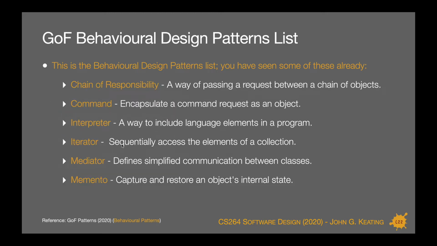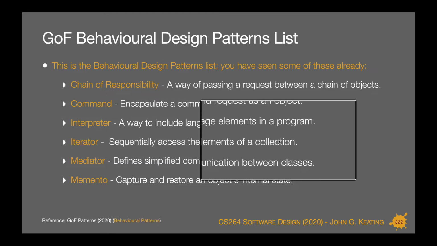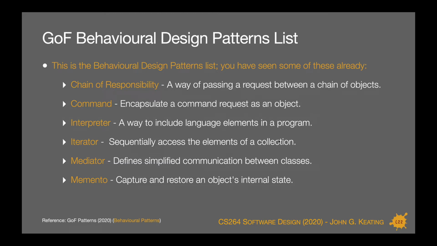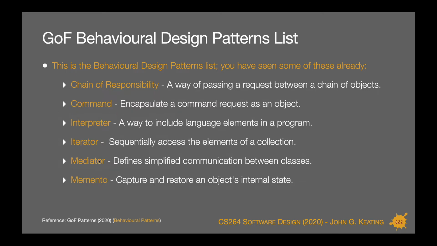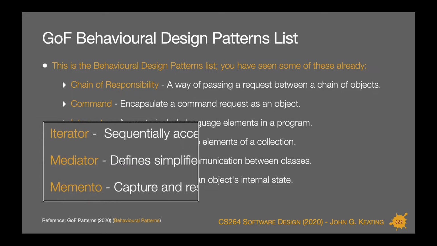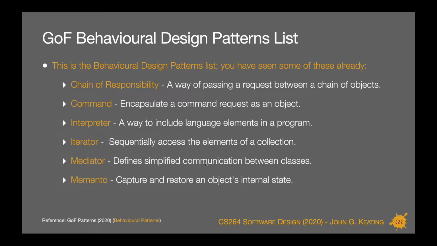Iterator sequentially accesses elements in a collection, and we've seen a lot of collections in C#. We looked at a lot of the libraries that dealt with collections, and you should have a look at Iterator and see how these actually work. They're patterns to make that work. Mediator, we're going to look at in the rest of this lecture, and that defines a simplified communication between classes.